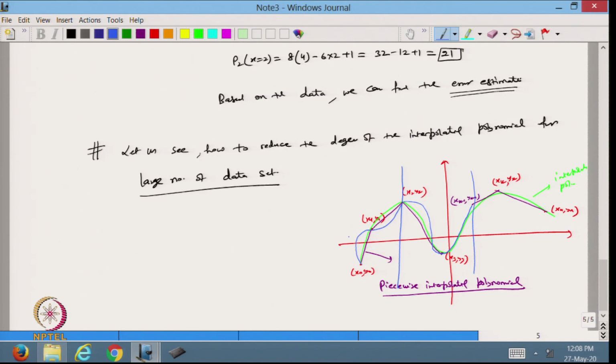I call it the quadratic interpolating polynomial. So earlier I did the piecewise interpolating polynomial with a linear function, and now I am doing the same with the quadratic interpolating polynomial, but this is also piecewise.